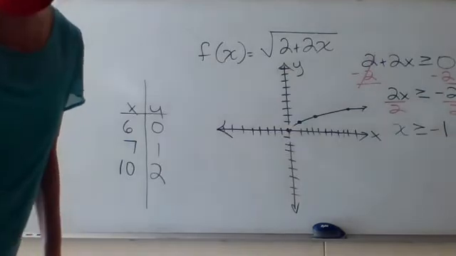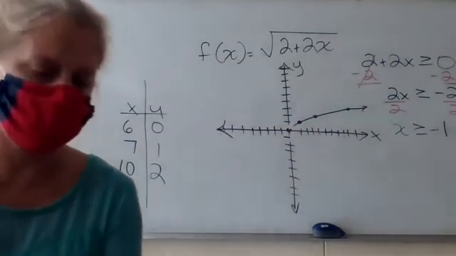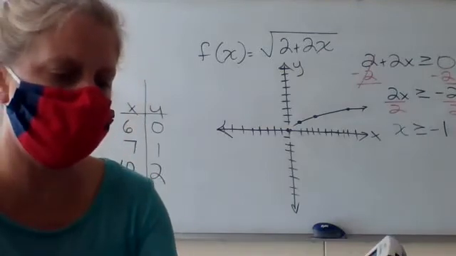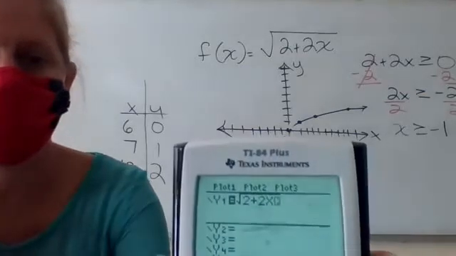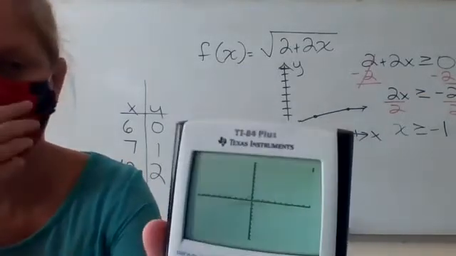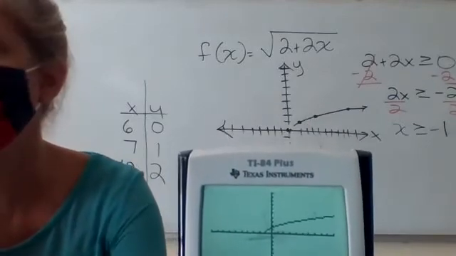So let's go to y equals and type this one in. Square root of 2 plus 2x. Let's graph it. So it looks like it moved it to the left a little bit.